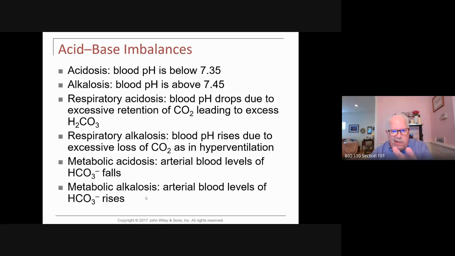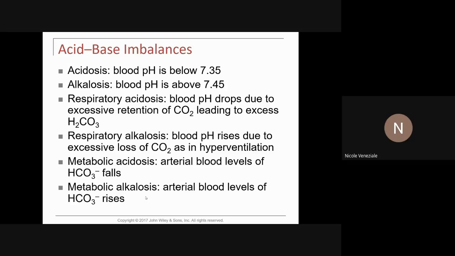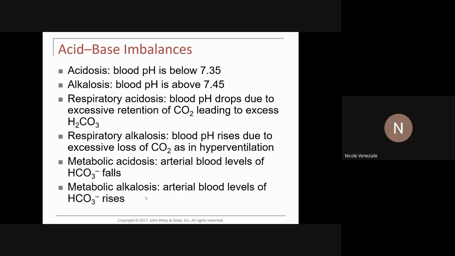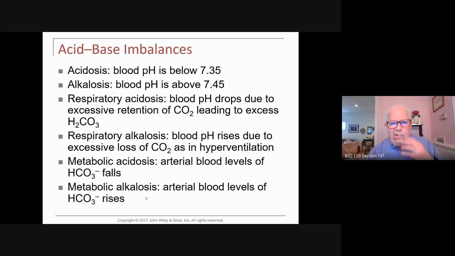How do you treat this person? Wouldn't they have to be put on an oxygen tank or something like that? How about putting them on a ventilator so you can breathe for them? Once you breathe for them, you're now blowing off the carbonic acid, and they will survive.